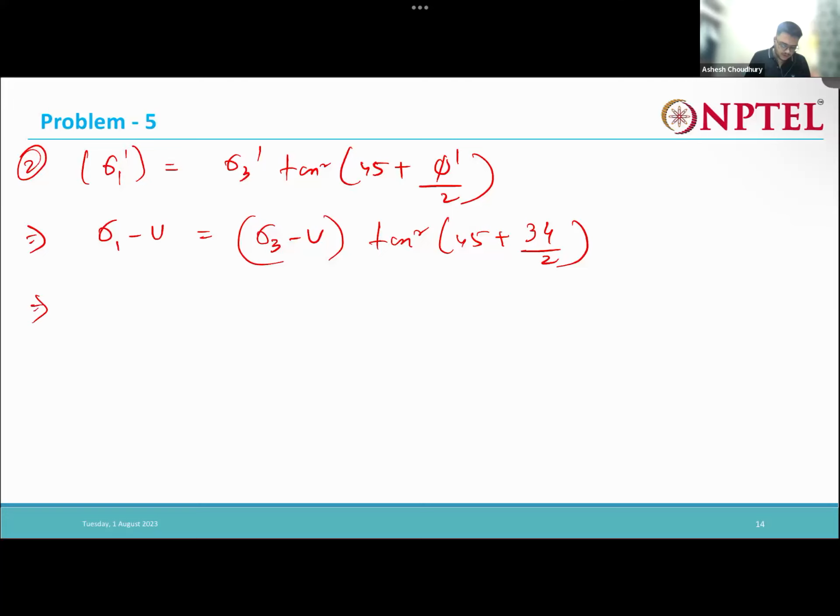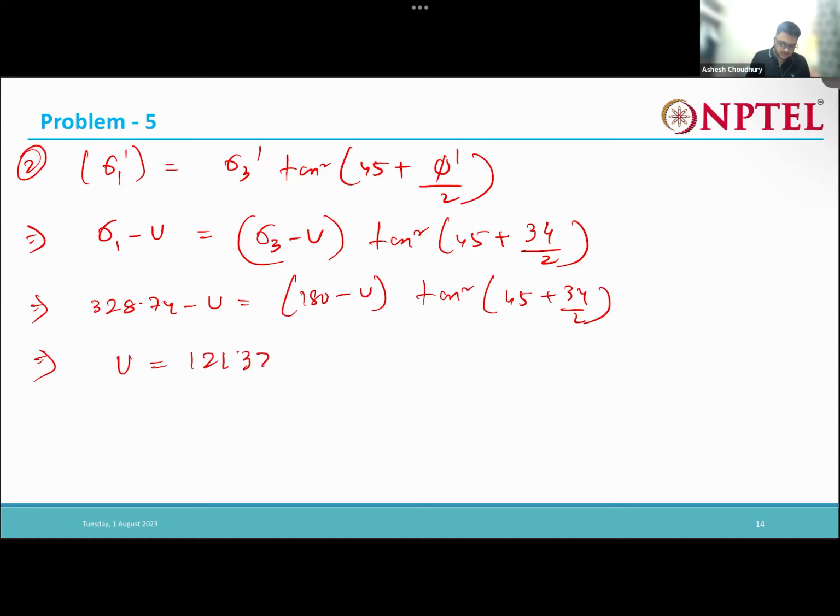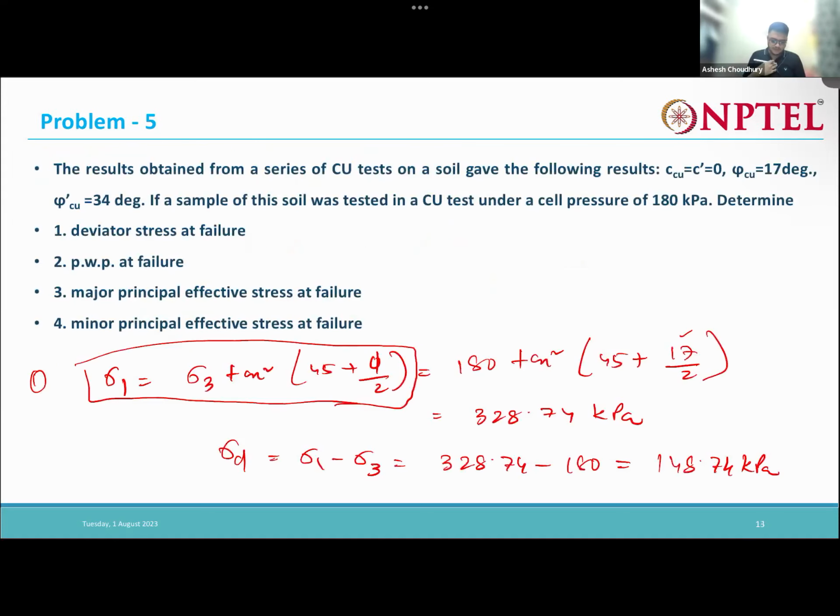Now, sigma 1 value I know, 328.74 minus u. Sigma 3 value I know, 180 minus u. If we just solve this, we get u equal to 121.37 kPa. Okay, very simple.